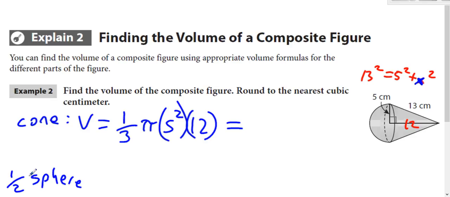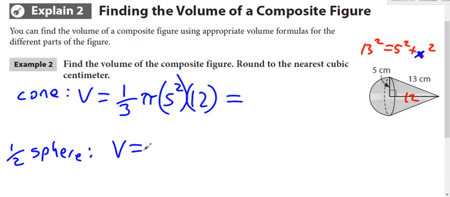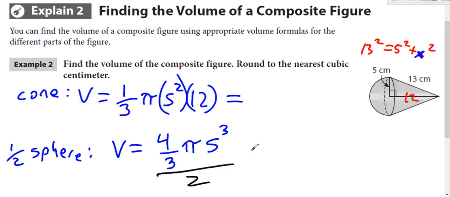And we're also going to find the hemisphere, the half of a sphere, which is, if it was a whole sphere, it'd be 4/3 pi times radius cubed. It's half of a sphere, so you divide that by 2. So the cone is 314 cubic centimeters.